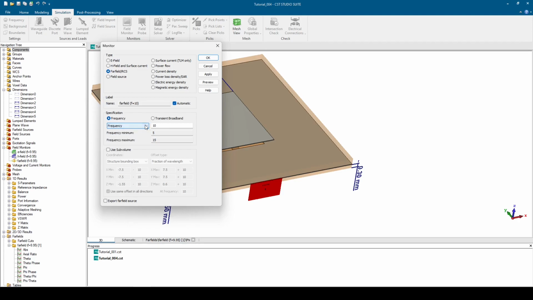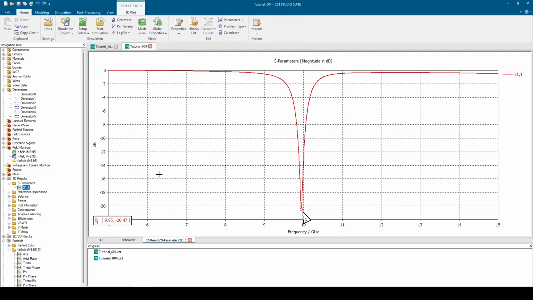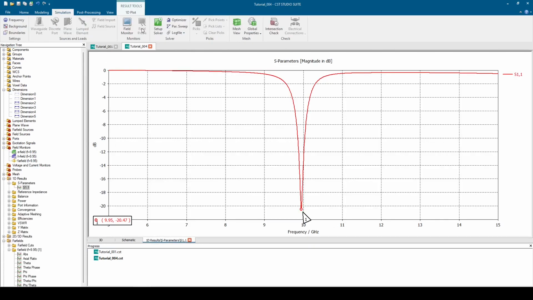It's up to you. In my case, this antenna is at 9.95 GHz. So this is what I want to do: field monitor, then far field, frequency 9.95, and then press OK.